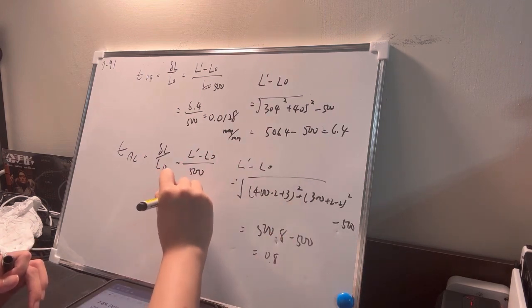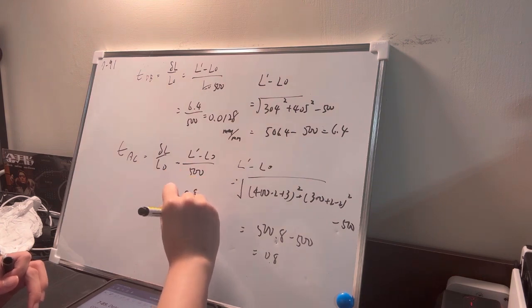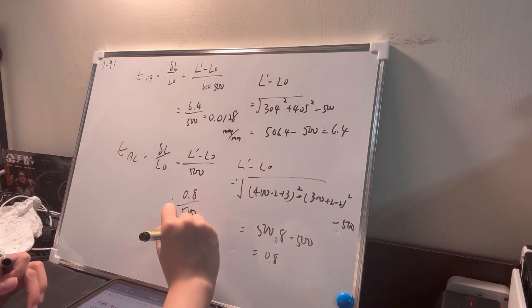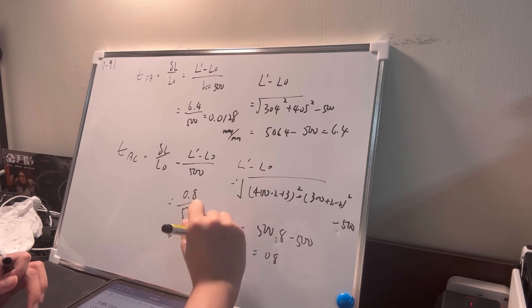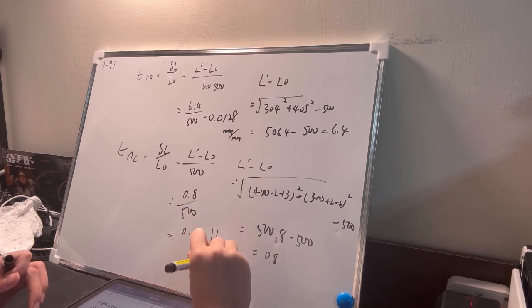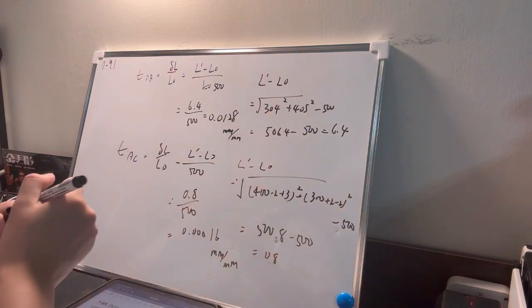So here is 0.8 over 500, and the answer is 0.00016 mm/mm here.